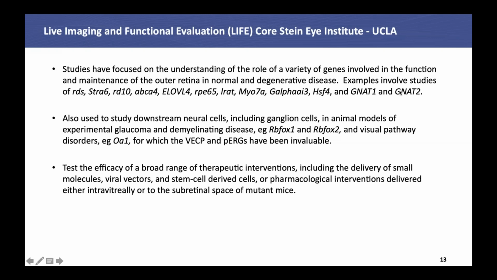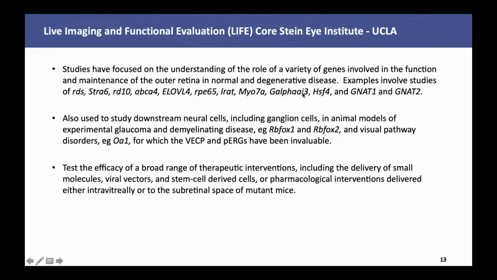GNAT1 and GNAT2, we're working on a lot with these to test some of our protocols and to evaluate some of the contributions from rods and cones. GNAT2 is an animal that has a defect in cone transducin, so it doesn't have a cone signal. And GNAT1 is the opposite. So this one is a model of achromatopsia. The GNAT1 is an RP model.